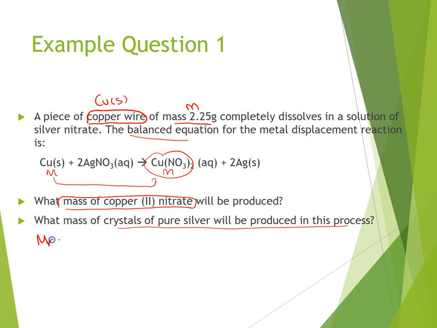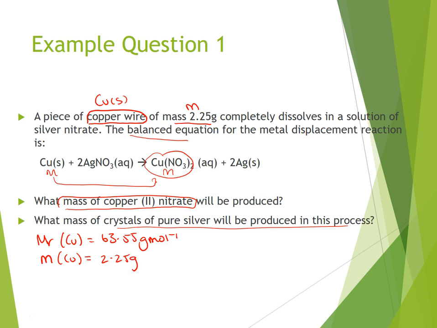So we know Mr of copper is 63.55 grams per mole, and we've been told that m of copper is equal to 2.25 grams.